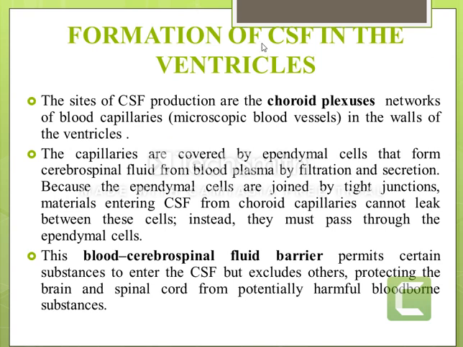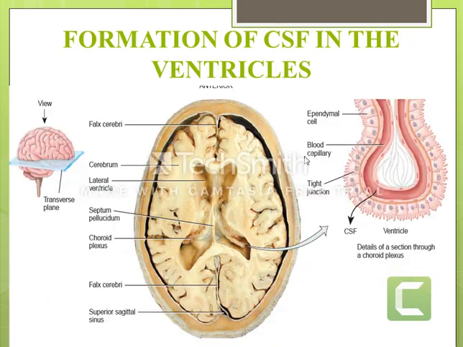Then how the CSF is formed, meaning the formation of the CSF. See this, the CSF is formed from the choroid plexus. The choroid plexus is a network of blood capillaries, microscopic blood vessels in the wall of the ventricles, having ependymal cells. These cells are basically responsible for the formation of the CSF. So this is the choroid plexus.